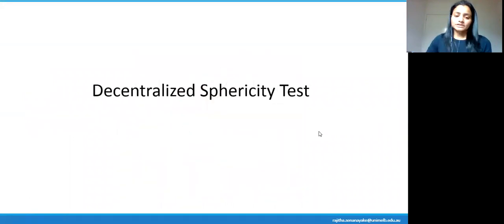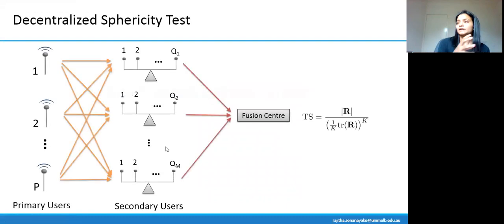Okay, so in the first part of the talk, I was presenting this centralized approach in the sphericity test, because in the system model that I presented earlier, we assume that all the signals that we received here are being transmitted to the fusion center, or the central processor.